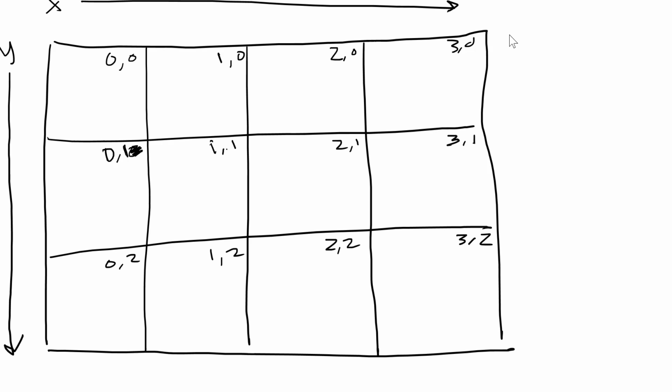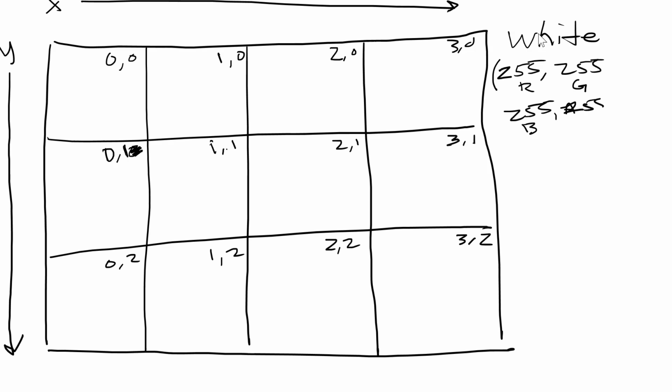Now let's say every pixel in this image is white, and that represents an RGBA value of 255, 255, that's your red, your green, 255, blue, and alpha, 255. So that is the color white.